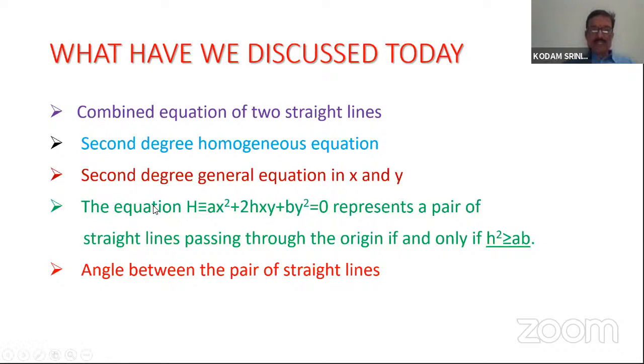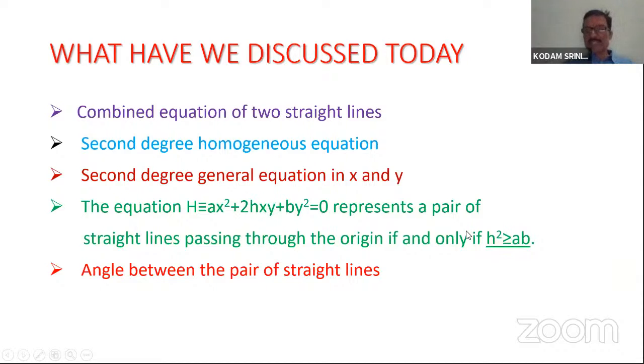So here, we have proved that the equation ax square plus 2hxy plus by square equal to 0 represents a pair of straight lines passing through the origin if and only if h square is greater than or equal to ab. By taking that, this equation represents the pair of straight lines passing through the origin.